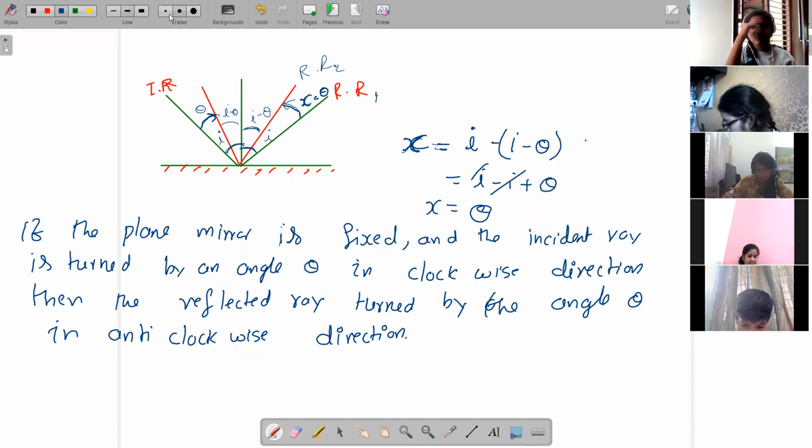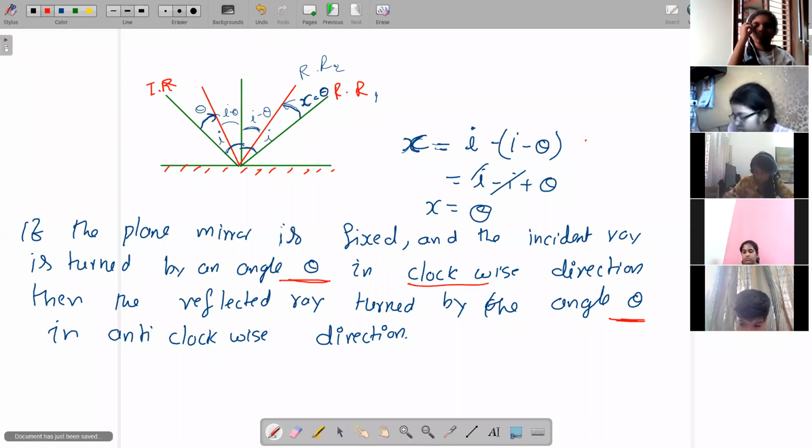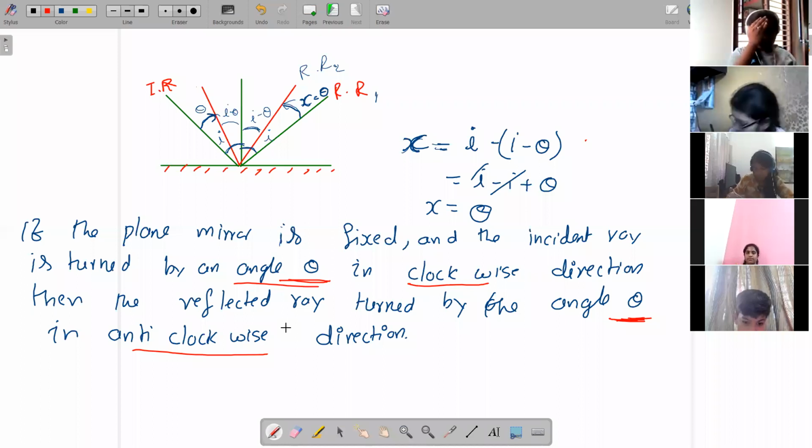Here also you need to remember only 2 points: the incident ray rotates with an angle theta in the clockwise direction, but the reflected ray rotates with an angle theta in the anti-clockwise direction. Here the direction is changing, while in the previous one the direction was constant. Please note these 2 points, very important, children.